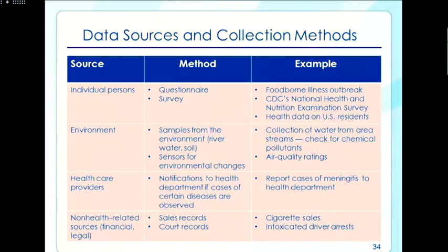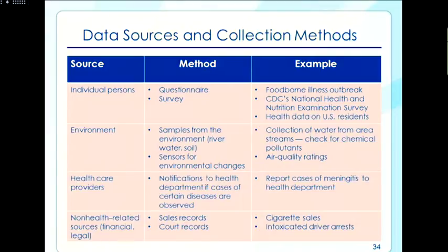Environmental data are collected in multiple different ways. For example, an epidemiologist might collect samples from a river to test for the presence of certain toxins. Healthcare providers collect considerable amounts of data and record these in clinical records, which can be used by epidemiologists.